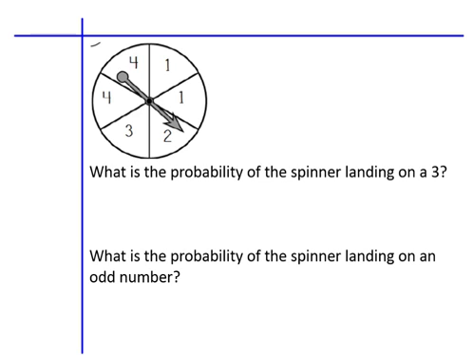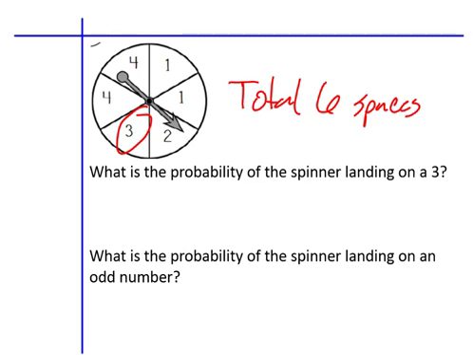What is the probability of the spinner landing on a 3? Since there is only one section of the spinner that has a 3 on it, and there is a total of 6 different spaces, the probability of the spinner landing on a 3 would be a 1 in 6 chance.